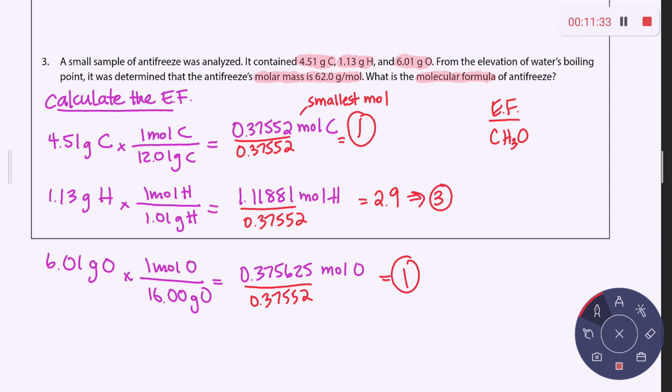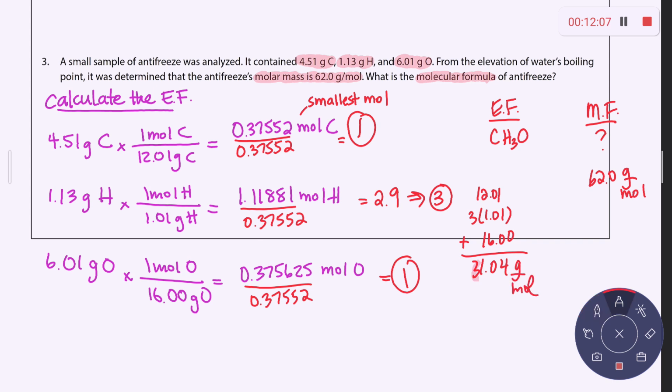Now you add on what we did in problem number 1, where if I'm calculating the molecular formula and they gave me the molar mass of the molecular formula in the problem, I have to calculate the empirical formula molar mass. So I've got a carbon, 3 hydrogens, and 1 oxygen. If I add all those things together, you're going to get 31.04 grams per mole.